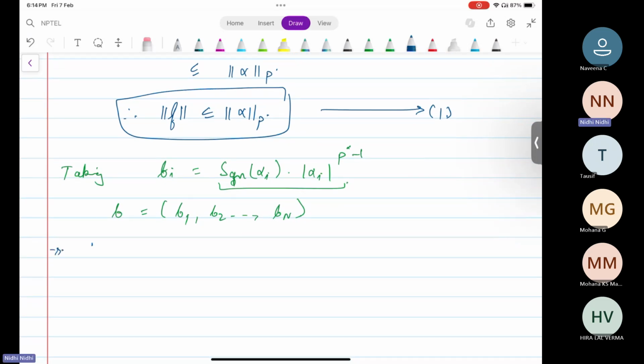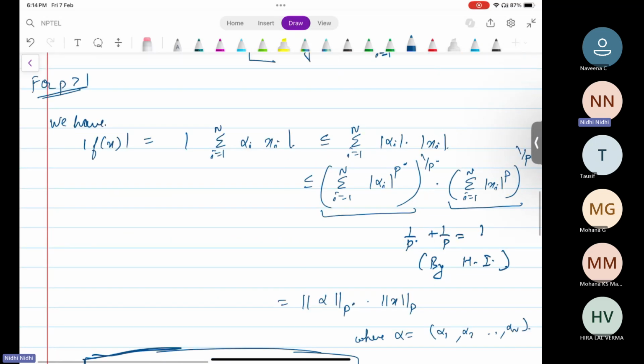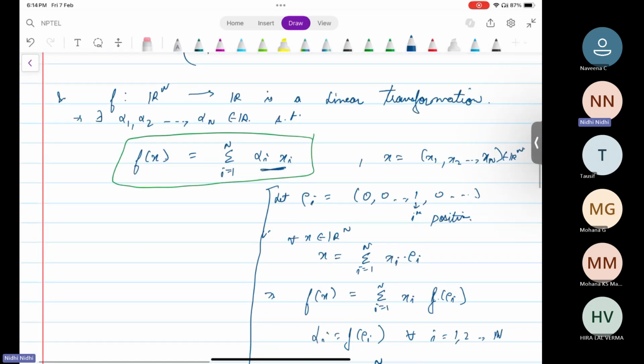This implies modulus f(b) is equal to modulus summation i from 1 to n alpha_i times b_i, the way f is defined.